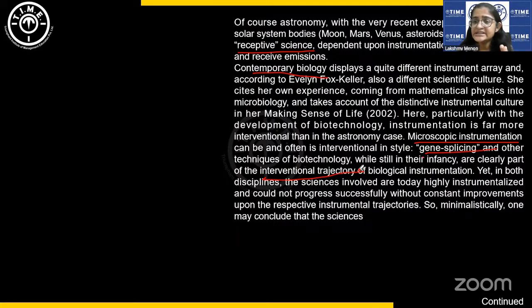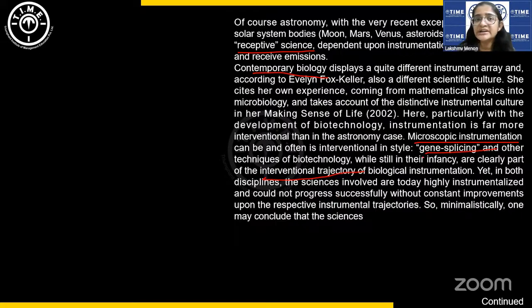Yet the commonality is that in both these disciplines, astronomy and biology, these two sciences are highly instrumentalized, and progress in these two sciences was possible only because of constant improvements in instrumentation.